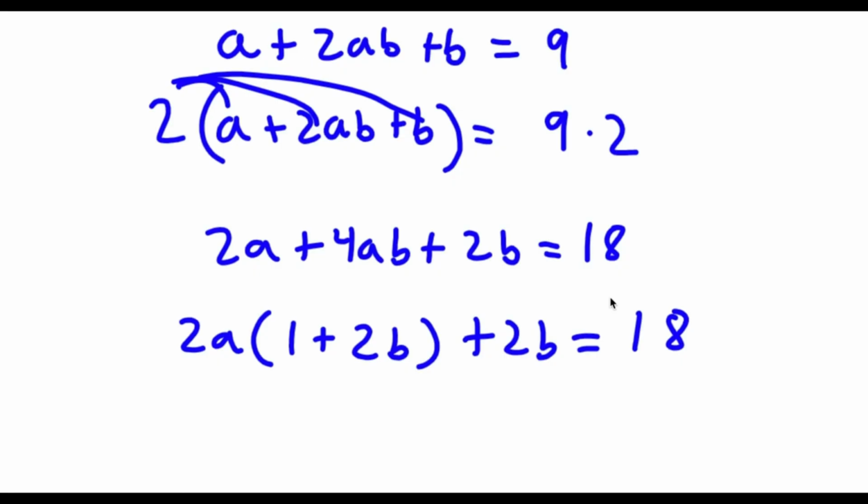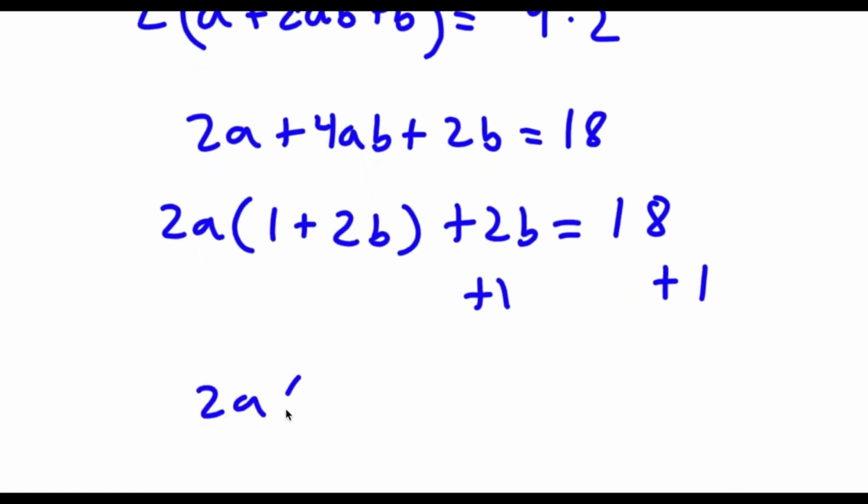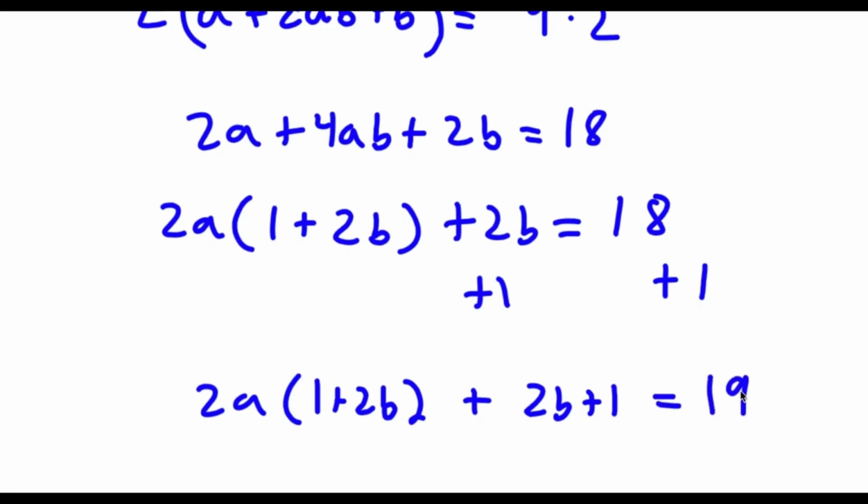Now I'm going to go ahead and add 1 on both sides. So now I have 2a times (1 plus 2b) plus 2b plus 1 is equal to 18 plus 1, which is 19.